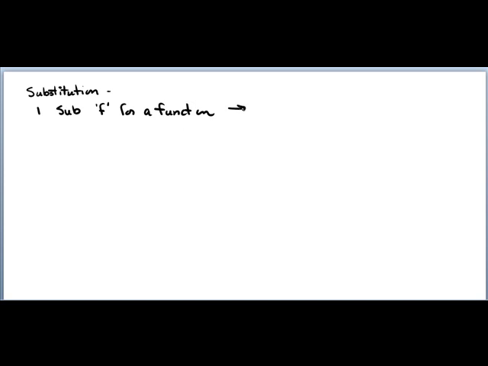We make f things that look like a bunch of stuff to a power, or the square root of some stuff, or an exponential where we have base a to a bunch of stuff, or we might have 1 over a bunch of stuff. So what we're looking at is when we have a function that has a mini function within, then we want that stuff to become our f.